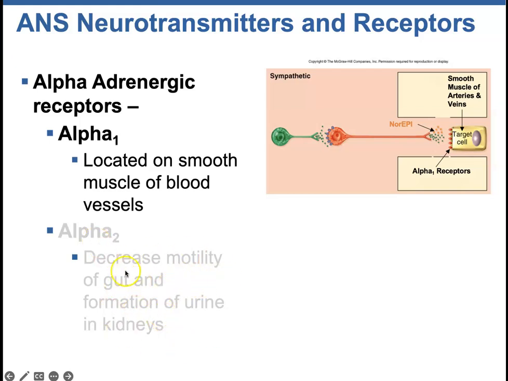What they're doing is actually inhibiting parasympathetic function. But why I want to primarily focus on alpha 1s is that this is how your diastolic blood pressure is primarily regulated. And so the vessels, your veins and your arteries, have these alpha 1 receptors, so that pressure will increase when you're in a sympathetic state.